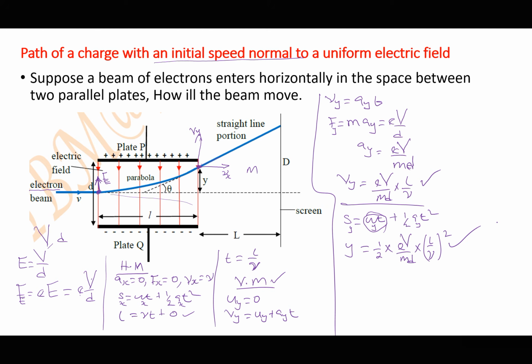If you're a pure mathematician, you realize that this is the same as y equals E times V over 2 m d v squared times L squared. And this is similar to y is equal to ax squared, which is an equation of a parabola. So we say that the path followed by particles in an electric field is parabolic.